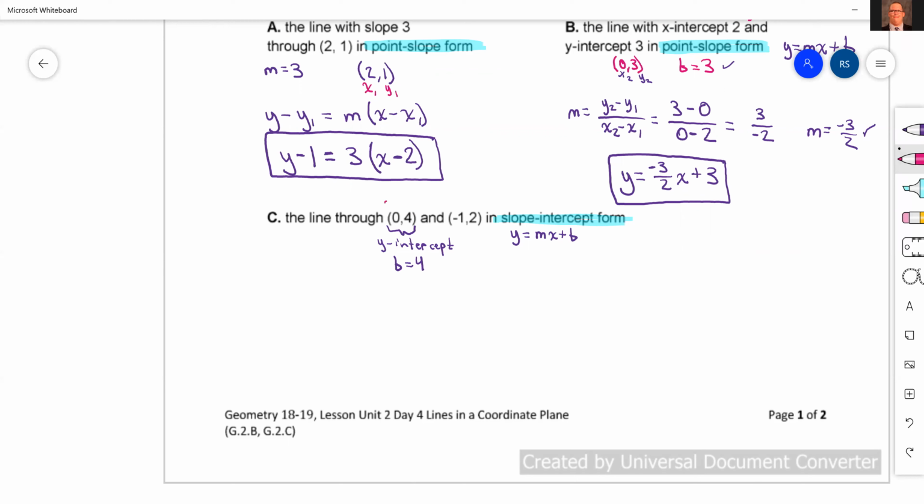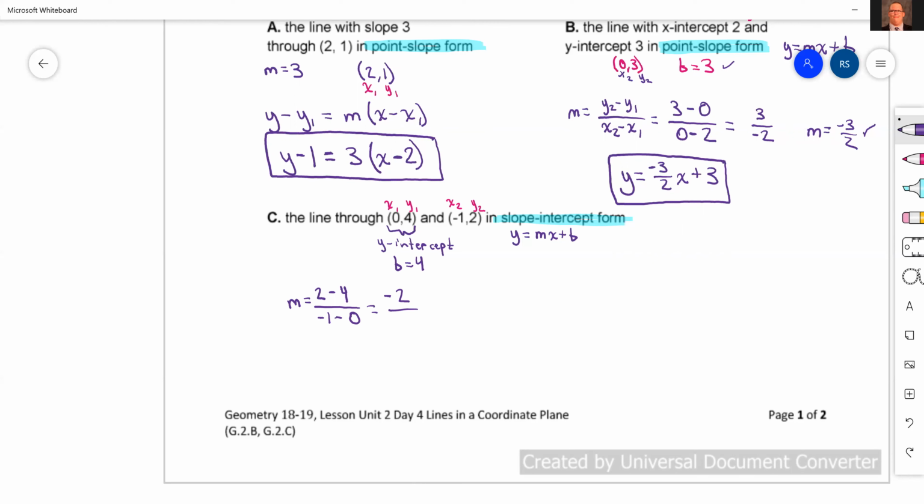So label our points, x1, y1, x2, y2. And then use our slope equation. M equals y2 is 2 minus y1, that's 4, over x2, so negative 1, minus x1, that's 0. 2 minus 4, negative 2.